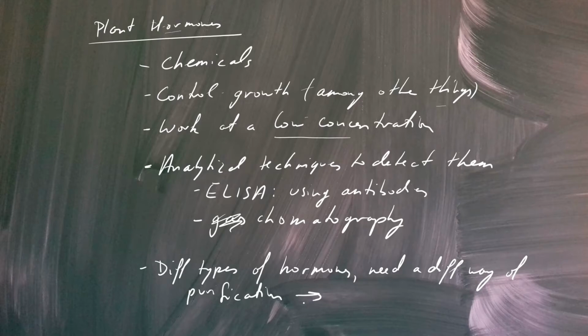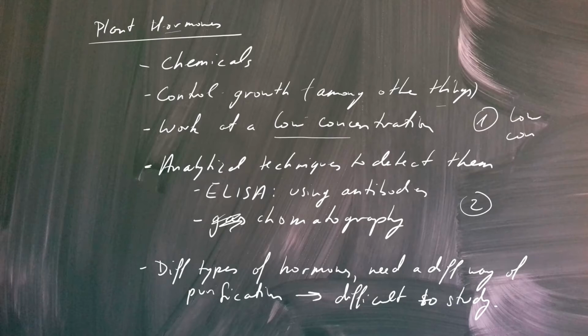So in other words, why am I telling you? It's kind of difficult. They were difficult to study, because the concentrations are so low. That is one problem: you need special technologies for low concentration. Then you need certain equipment, which costs a lot of money.